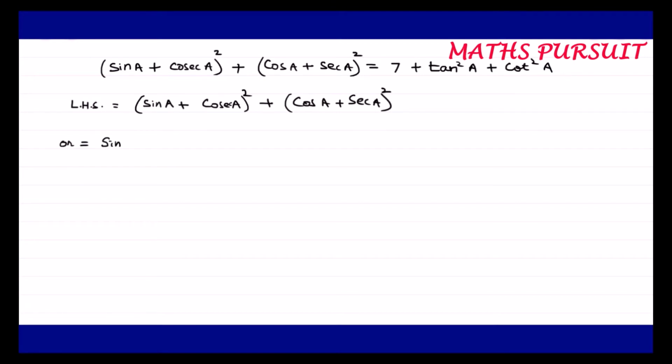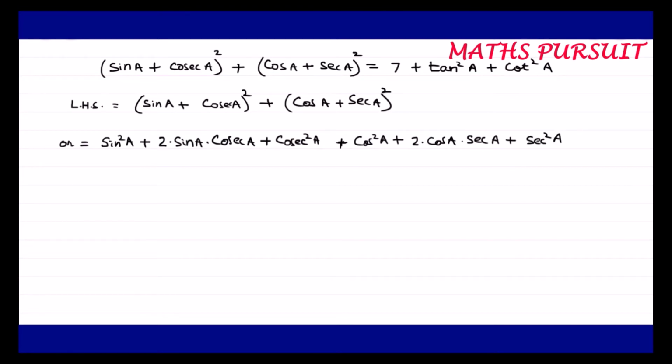So A square is sin square A, plus 2AB, that means 2 into sin A into cosec A, plus B square is cosec square A. Similarly, I can solve the second part as A square plus 2AB plus B square. That means cos square A plus 2 into cos A into sec A plus sec square A.